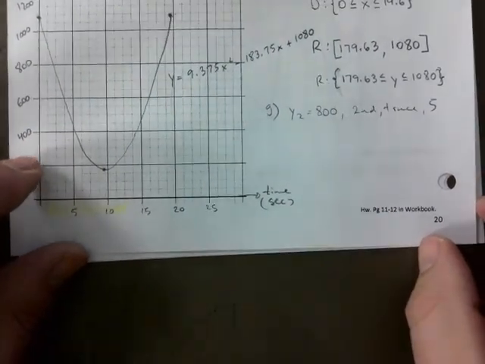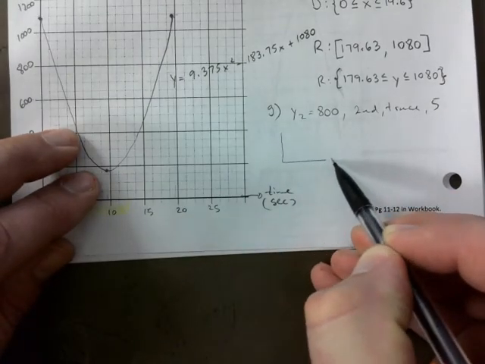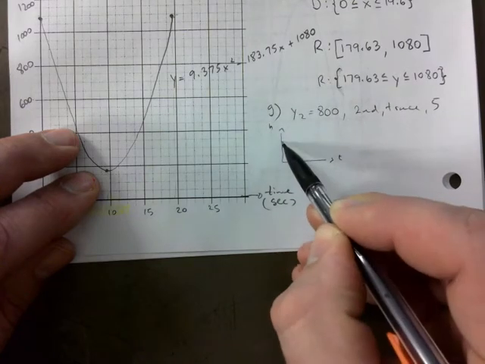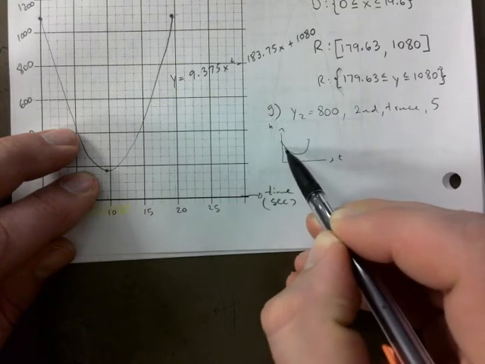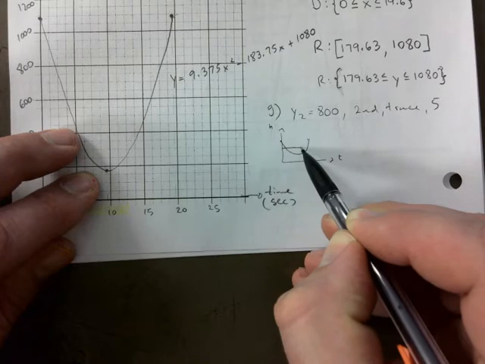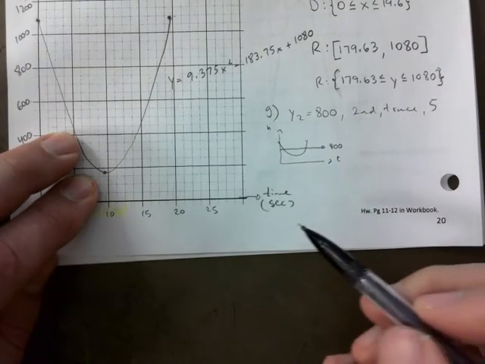I will provide you with just a quick sketch here. Right, this is time, this is height. We know that, right? And the 800, this is 1080, so the 800 line will be somewhere here. Right, this is the 800 mark.